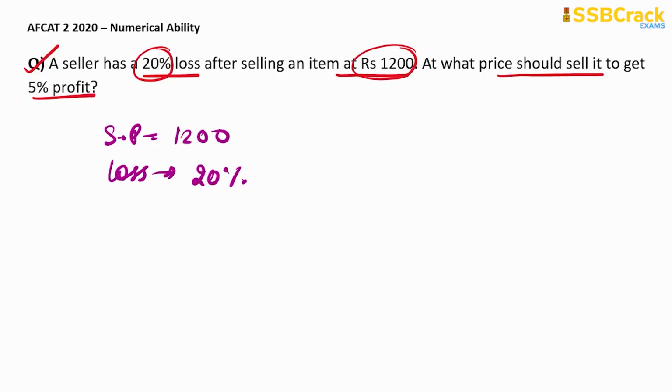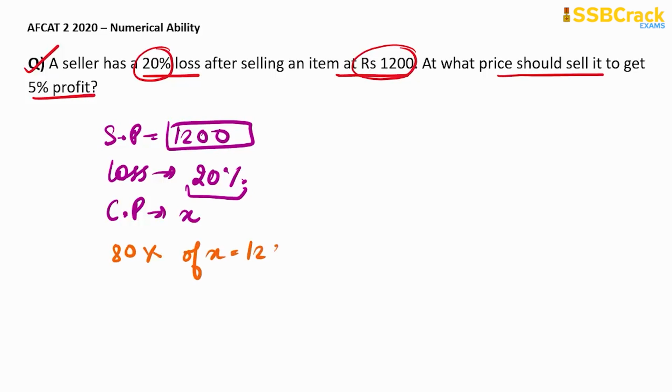So which means that the selling price is 80% of CP. If we let CP be X, then 80% of CP is 1200 because 20% is the loss. So we can directly find it, 80% of X is equal to 1200. So here X will be equal to 1200 into 100 divided by 80.